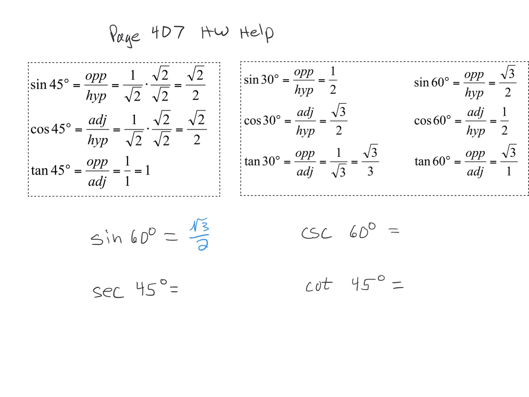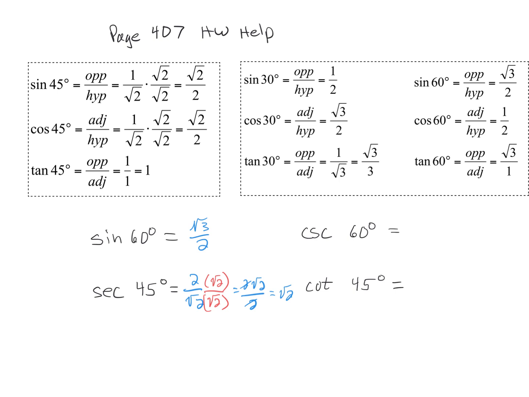So the reciprocal would be 2 over radical 2. Now we can't leave it like that. We'll have to rationalize. And that gives us 2 radical 2 over 2 because these are buddies. And then the 2's cancel, and I just get radical 2.